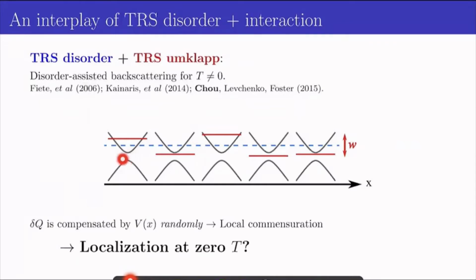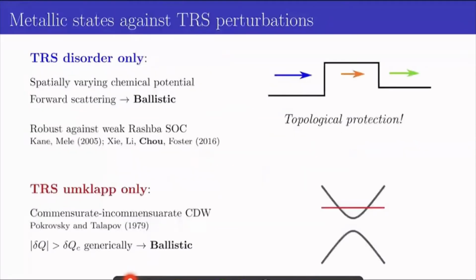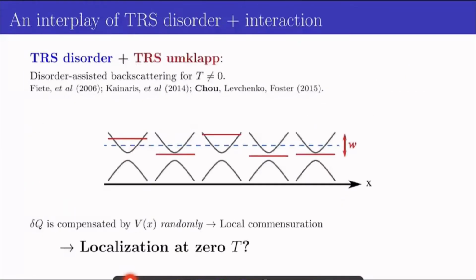Previously, the chemical potential is not in the interacting gap, and that's actually true on average, because the average chemical potential is not within the gap.